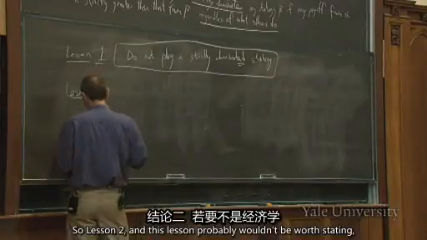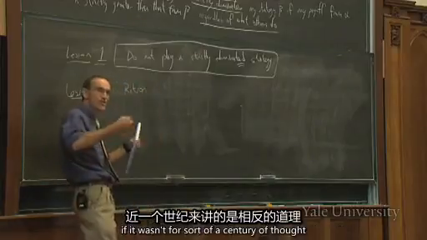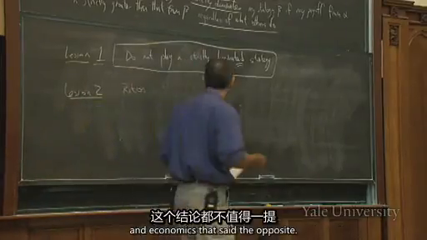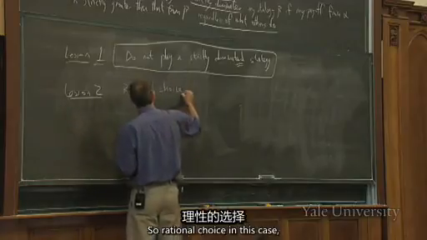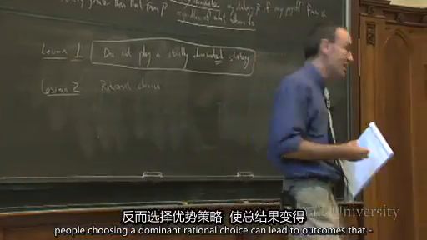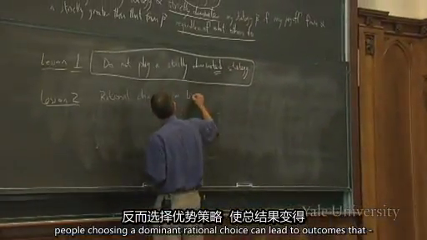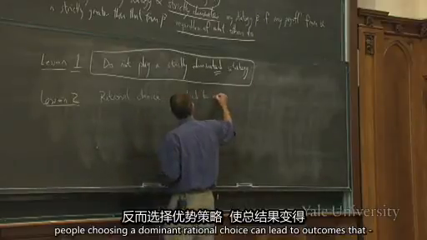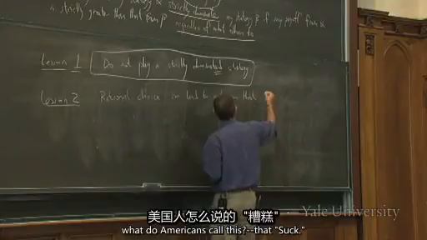So lesson 2, and this lesson probably wouldn't be worth stating if it wasn't for sort of a century of thought in economics that said the opposite. So rational choice, in this case, people not choosing a dominated strategy, people choosing a dominant strategy, rational choice can lead to outcomes that, what do Americans call this, that suck.